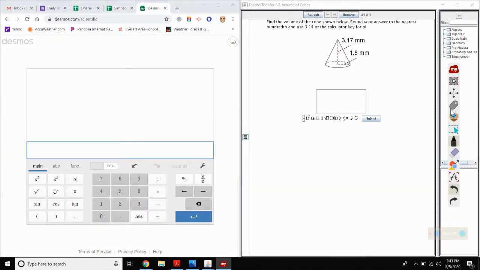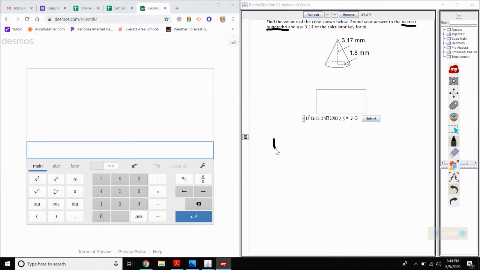For this activity, I also want to point out that we are rounding to the nearest hundredth for this lesson. So always make sure you're reading the directions so you know what you're rounding to. To round to the nearest hundredth, that's 2 decimal places. So let's write this formula out so that we can plug it into our calculator.